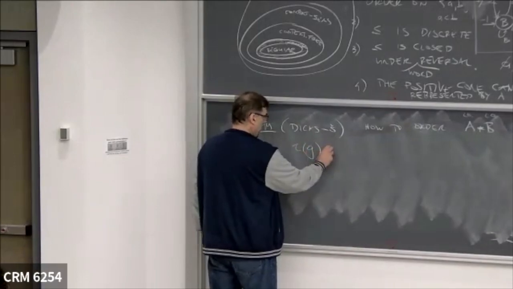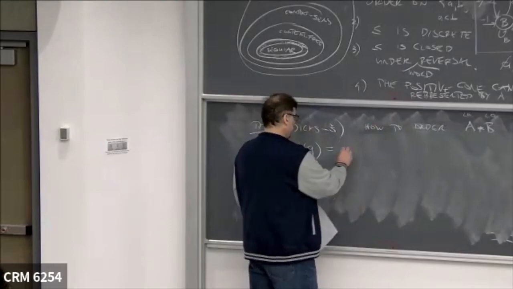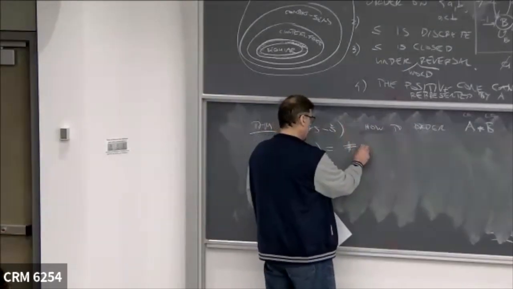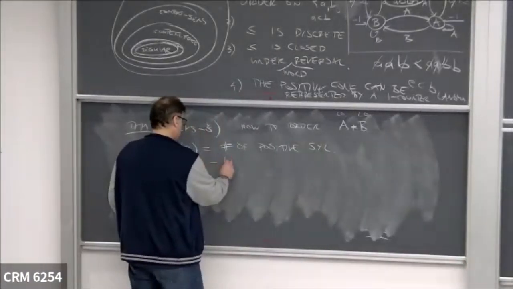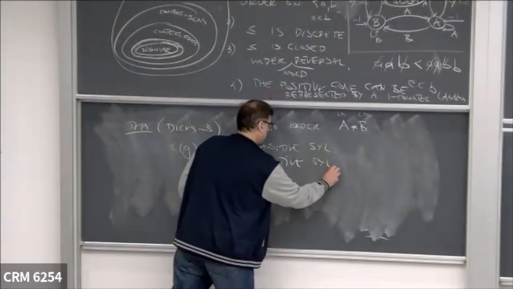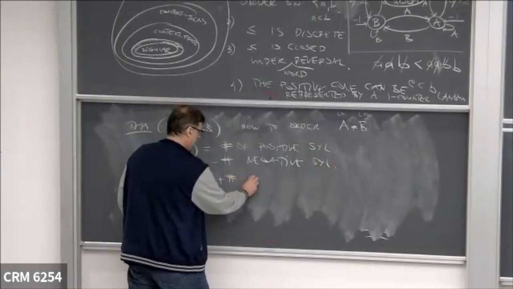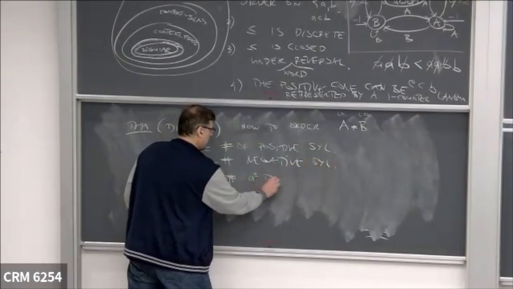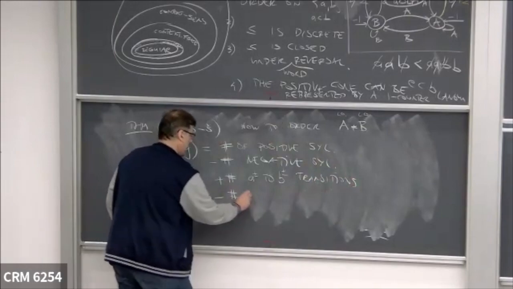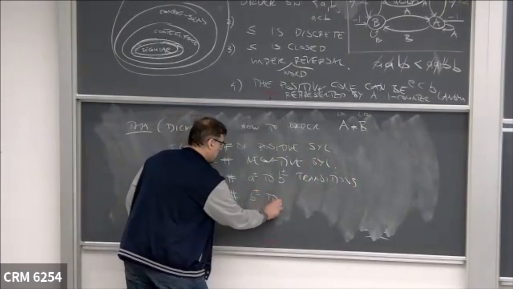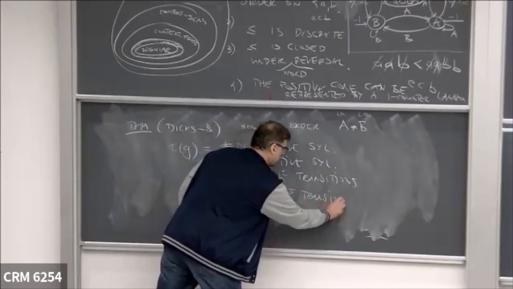For an arbitrary element, I'll define the weight. It will be the number of positive syllables minus the number of negative syllables, plus the number of A plus-minus to B plus-minus transitions, minus the number of B plus-minus to A plus-minus transitions. I'll explain all this; let me just record the formula.